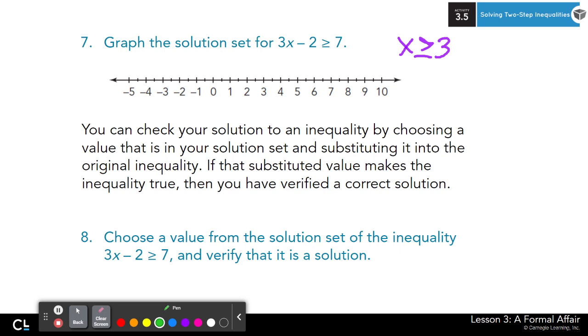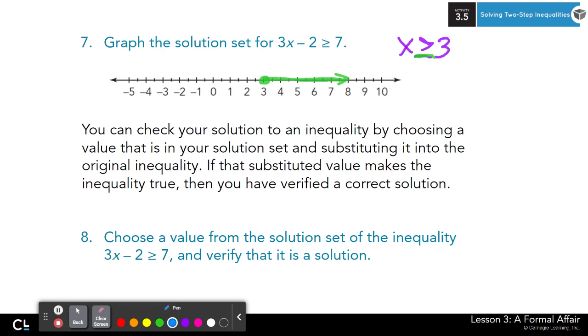Since 3 is included in the solution because of the or equal to, I'm going to place a closed circle on 3. Then I look at which direction my numbers are greater than 3: the positive direction. So I draw an arrow on my line in the positive direction. And that's how you would graph that solution.